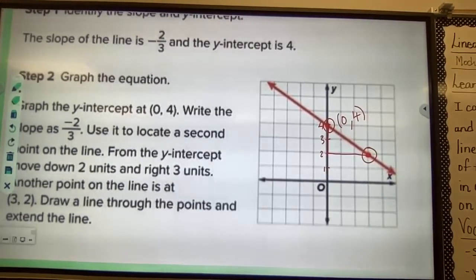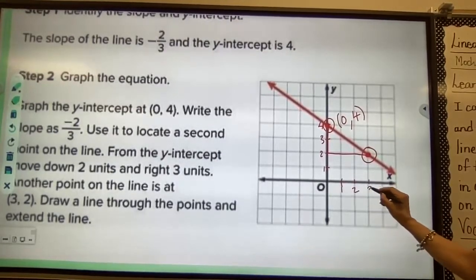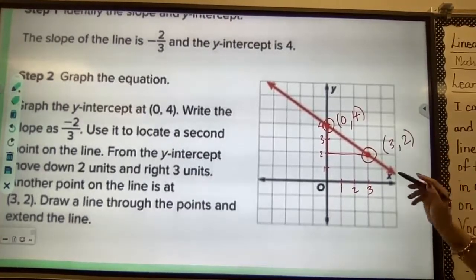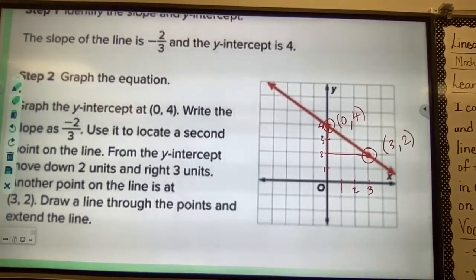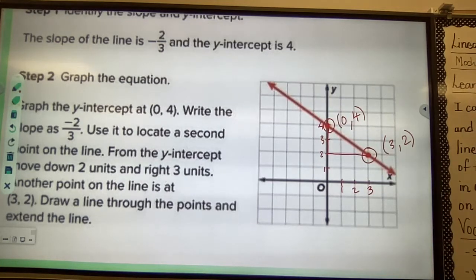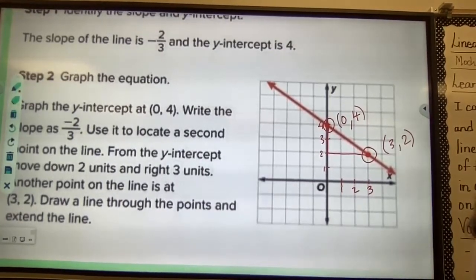All right, and so as you can see, this is 1, 2, 3. Okay, so this is going to be 3, 2. And this is my ordered pair. And so once I have this, I am then going to draw a line through the points to graph this equation. We're just going to extend the line through the points, and then we get the equation like that.